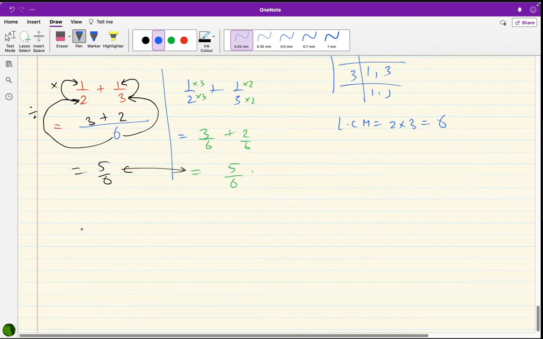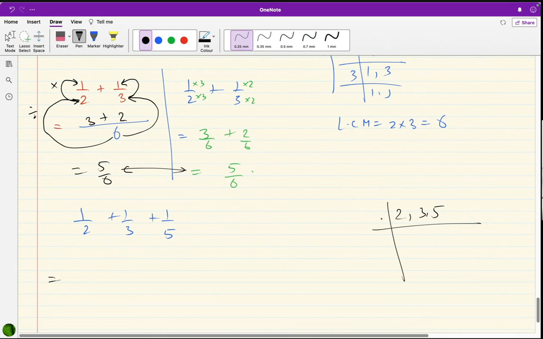If the question is 1 by 2 plus 1 by 3 plus 1 by 5, the right hand side method would be a little longer. You should get all the same denominators. I know that 2, 3, 5 do not come in each other's table. So the LCM is 5 times 3, 15, times 2, 30.